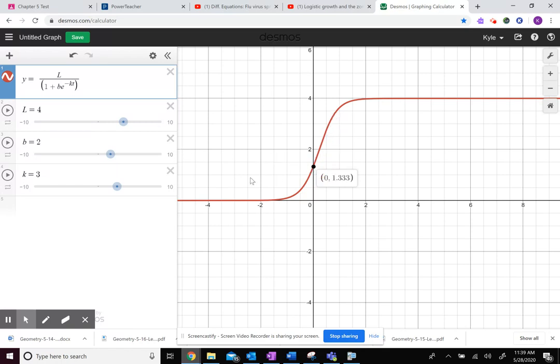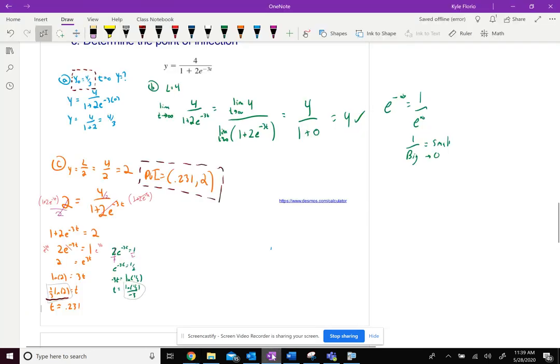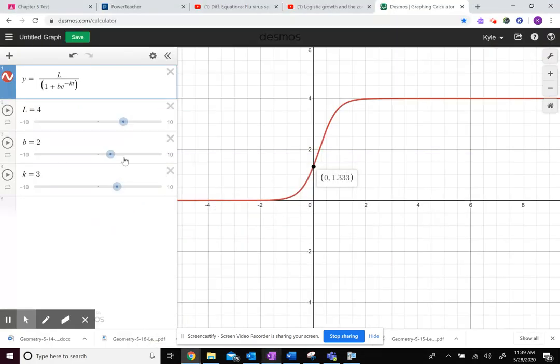And we said the point of inflection was at about 0.2. So the height has got to be half of 4, which is 2. This is where the point of inflection is. I'm not at exactly 2, but 0.24 is pretty much what we had, right here, 0.231. So you can even play with how changing k affects it.